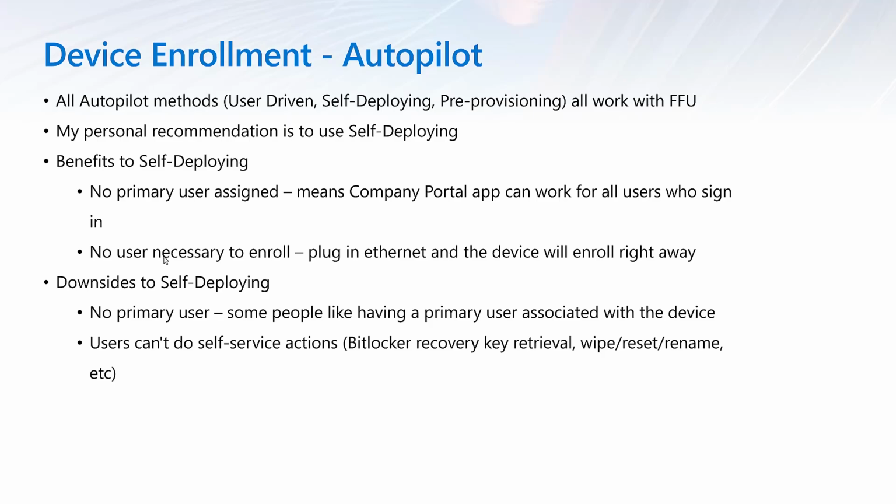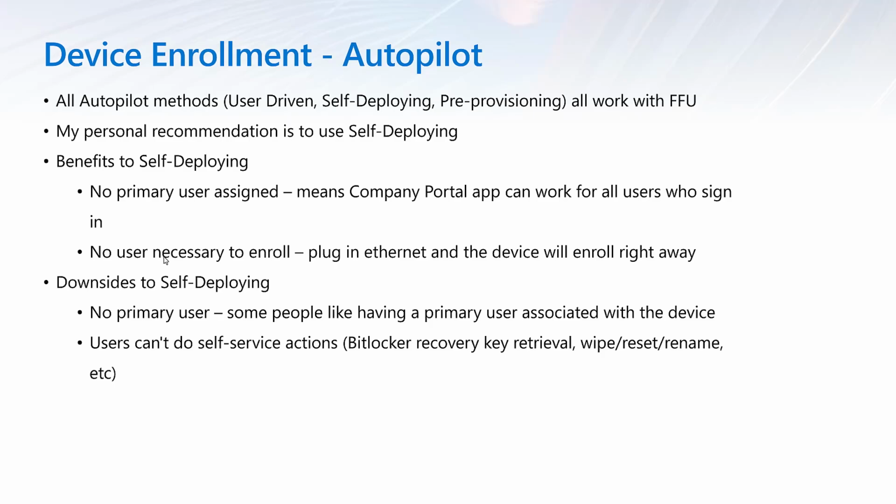Now, some people don't know this, but there is a website, myaccount.microsoft.com, that an end user can go to, and that's where they can self-service a number of things with their Microsoft corporate Entra ID account. One of those things is they can go there and they can get their BitLocker recovery key. You can also do it now through the company portal app, and there are other ways that the key can be retrieved, either through IT, through the Intune portal, or through the Entra ID portal.